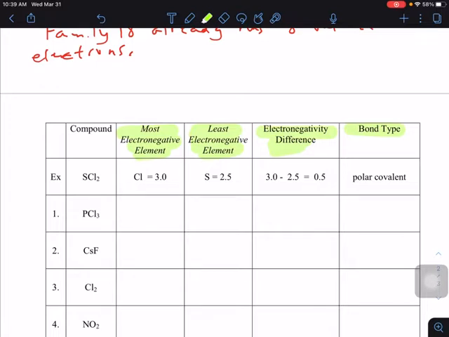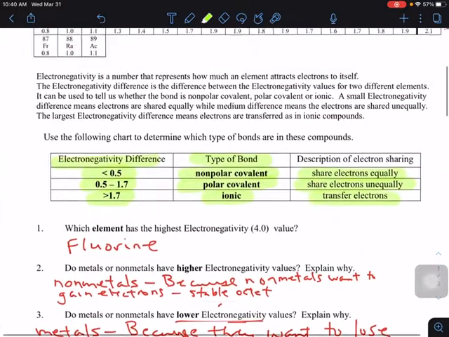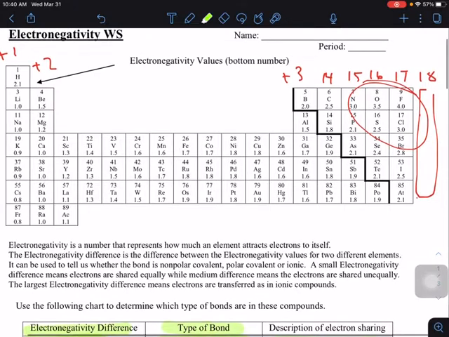So we've got sulfur and chlorine in this first example. Chlorine is the most electronegative. It has an electronegativity number of 3. Sulfur is 2.5. Those numbers came right off this chart right here.